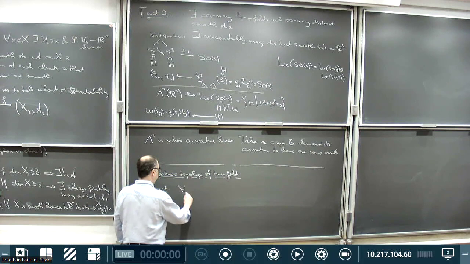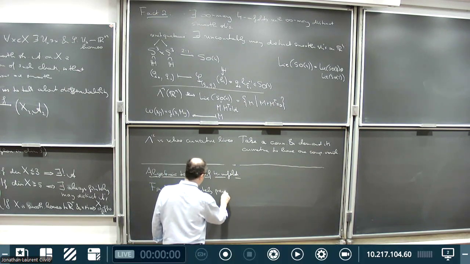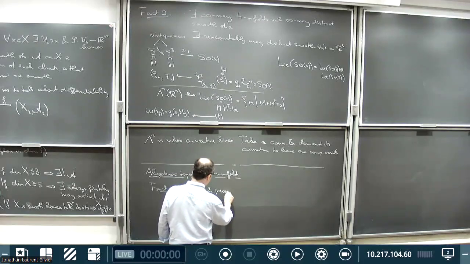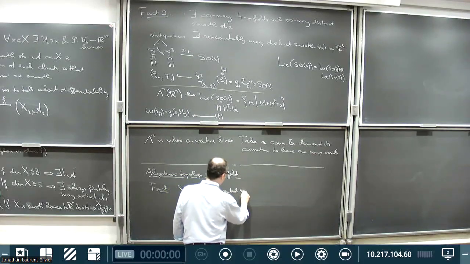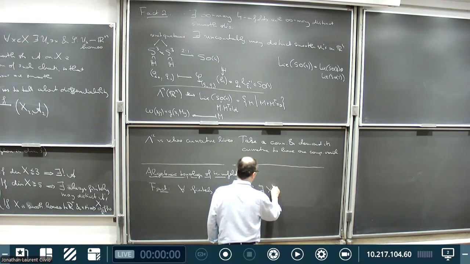For every finitely presented group G, there is an X^4.